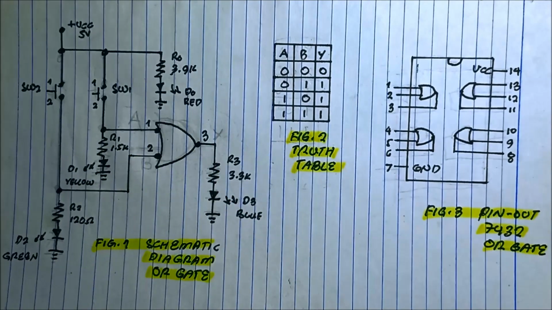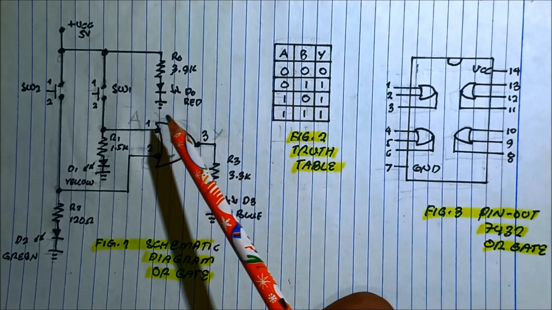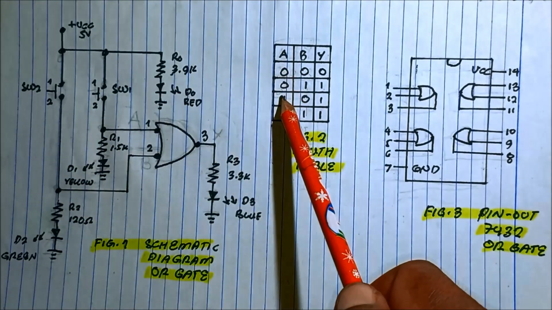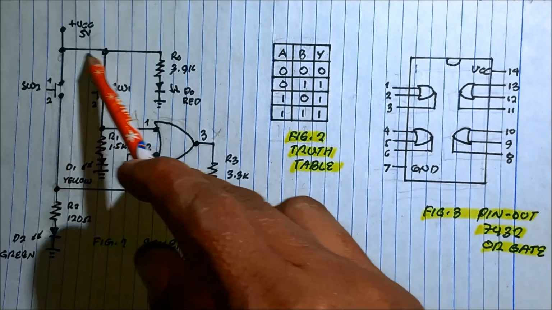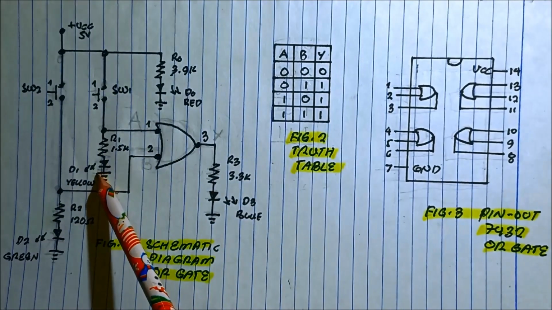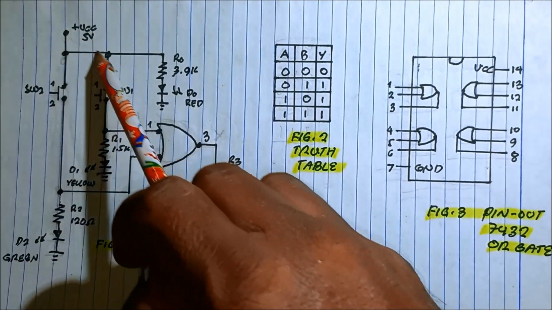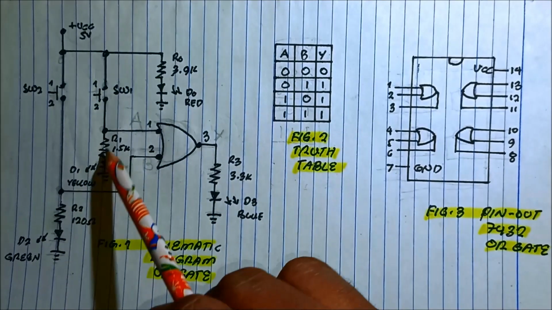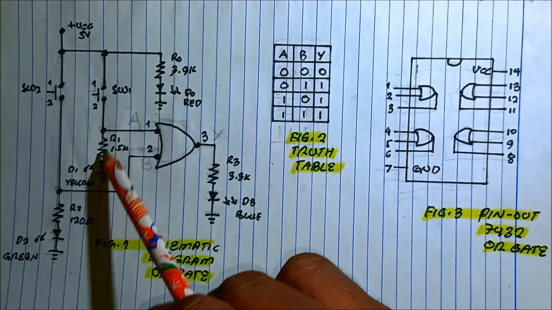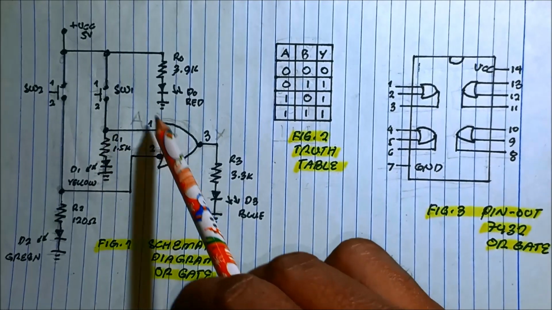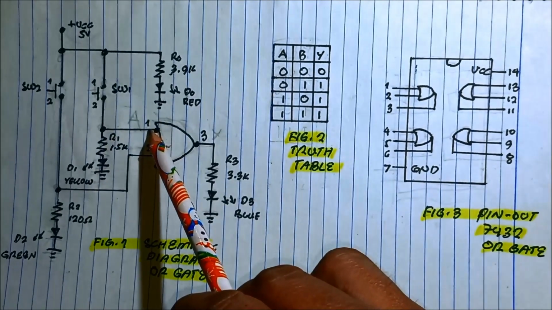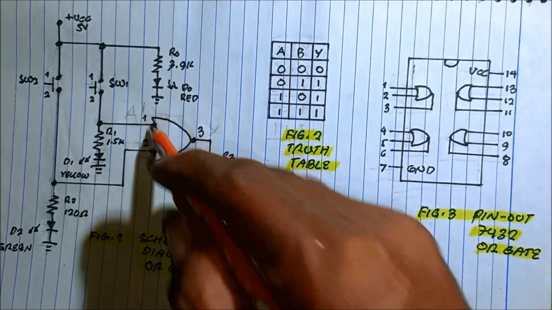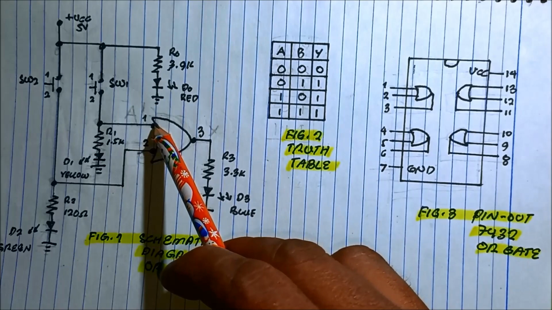In the case that switch 1, or A, is now on, we are sending current to the yellow LED from the 5 volts, then switching this switch on, and then to the ground through this LED resistor, injecting current to the 1, making this terminal, which is A, turn on to 1. What is the output?